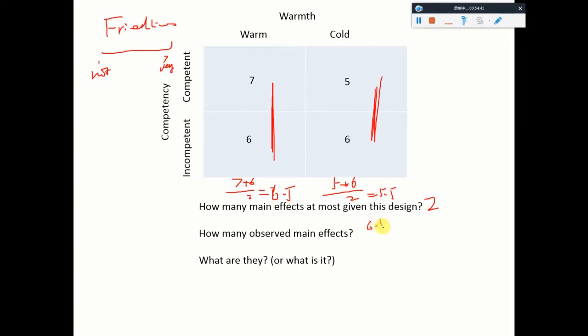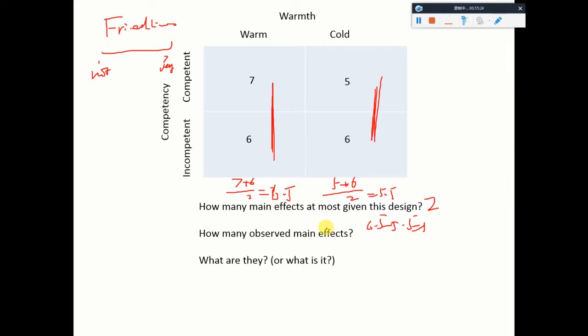What is 6.5 minus 5.5? That is 1. There is indeed a difference between these two marginal means. That suggests when Aaron is described as warm, regardless whether this person is competent or incompetent, Aaron will be perceived as more friendly than when described as cold, because 6.5 is larger than 5.5. There is a positive 1, so there is at least one observed main effect.